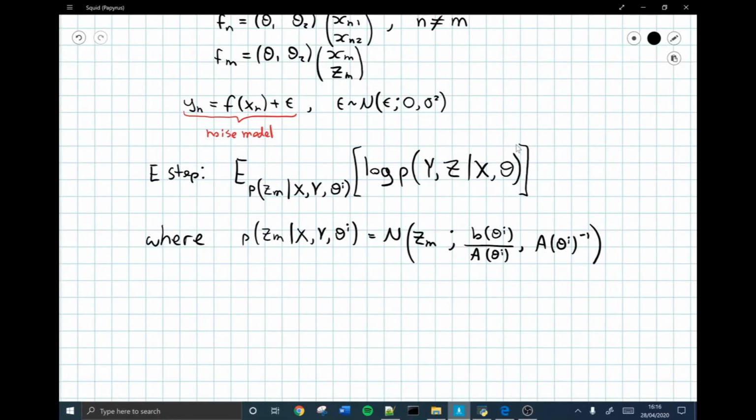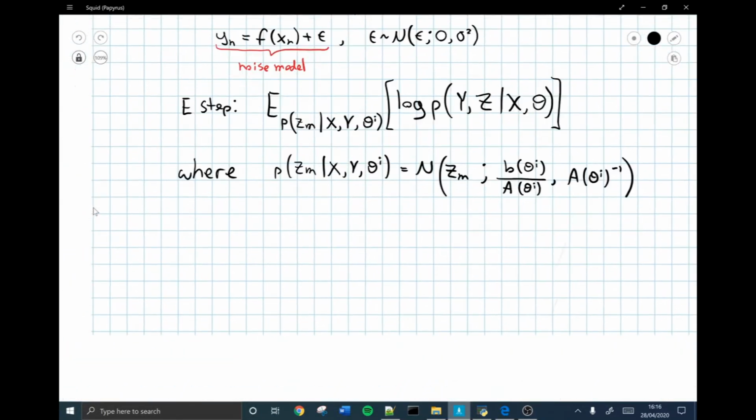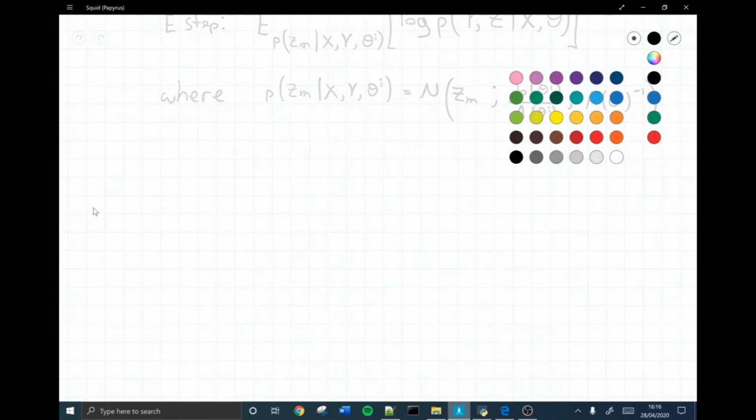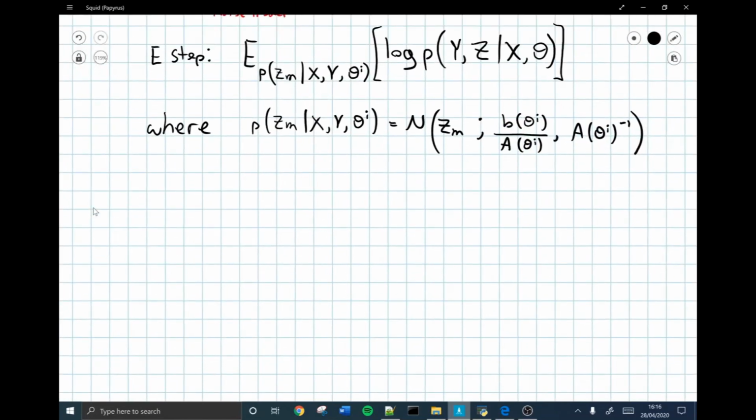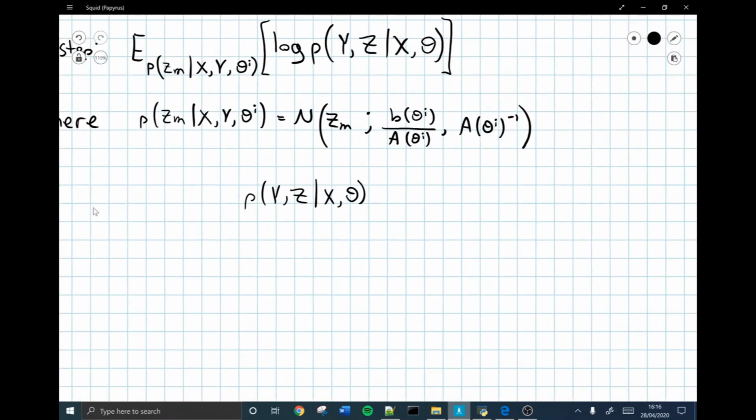Okay, so what is this distribution? Well, the probability of Y and Z given X and theta is equal to the probability of Y given Z and everything else, multiplied by the probability of Z. That's our prior again.